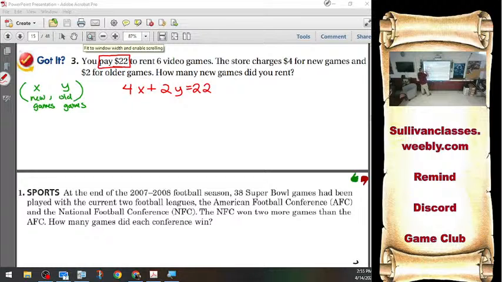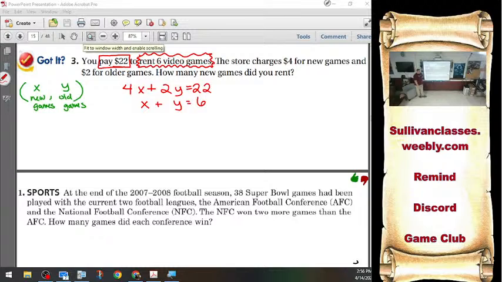The second equation, remember, they also said we rented 6 games. That means the total of new games plus old games was 6 games. Could have been 1, 5, 2, 4, 3, 3, 4, 2, 5, 1. Heck, it could have been 6 of one and none of the other.